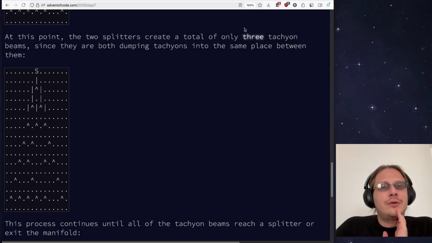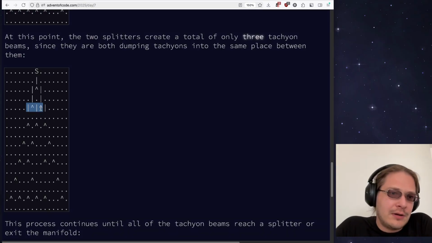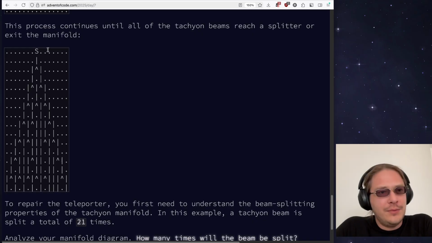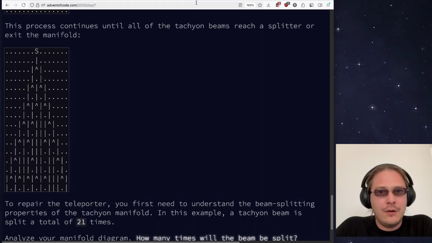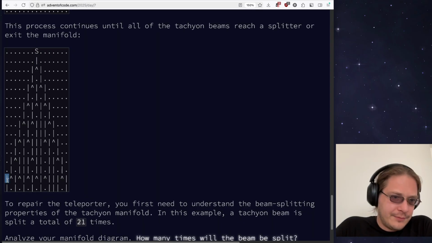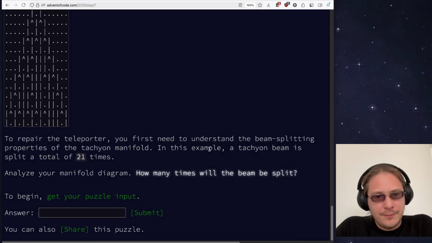You also have to combine the beams, so you cannot count this as two beams. That's a big detail. This process continues until all of the tachyon beams either reach a splitter like this one or exit the manifold, basically here, like this. To repair the teleporter, you first need to understand the beam splitting properties, blah blah blah.